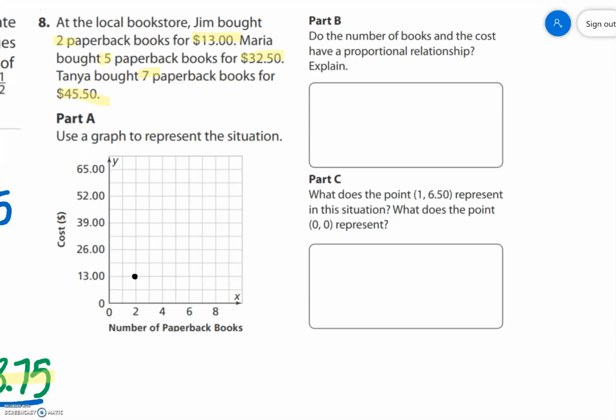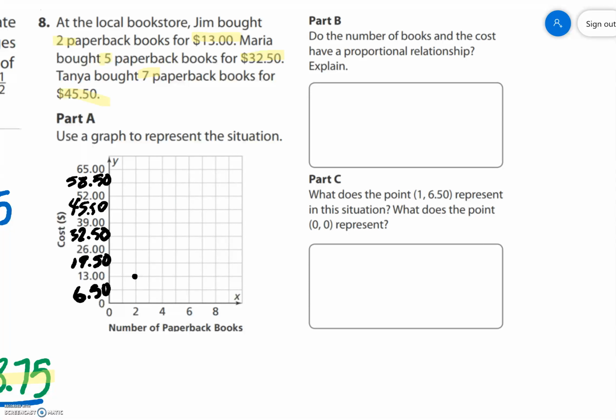Uh-oh, I don't see that written. So let's figure out what each break is. Well, there's 2 boxes between 0 and 13. So that means halfway between is 6.50. So then we break it down. This would be 19.50. This would be 32.50. This is 45.50. And this is 58.50.